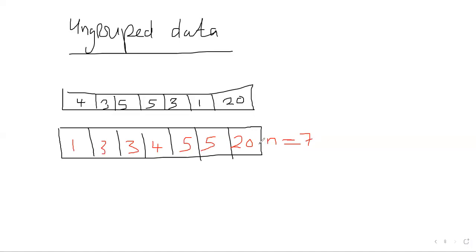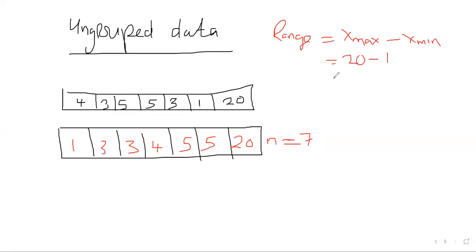All right. So we're going to identify important measures. We'll start with the range. The range is simply the difference between the highest number and the smallest number. So we use the formula maximum value of x minus minimum value of x. Here, our biggest number is 20, and our smallest number is 1.